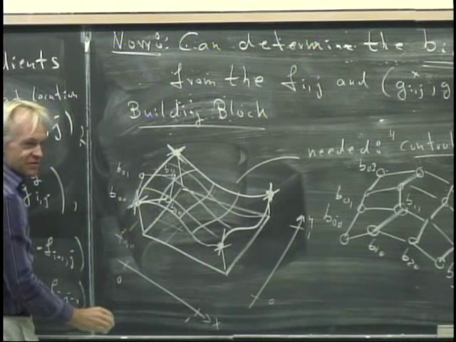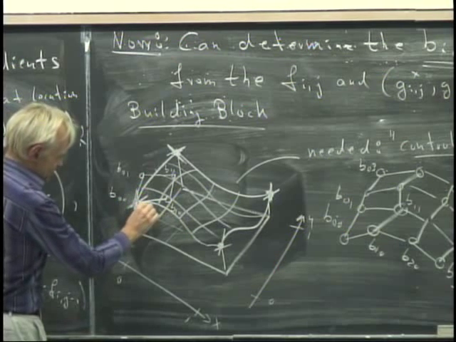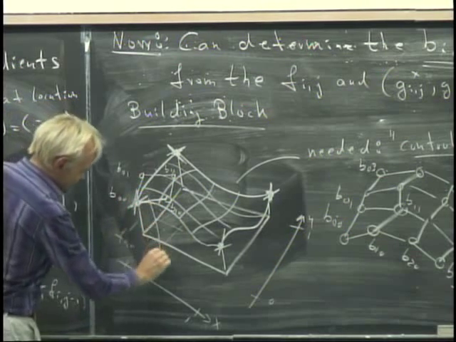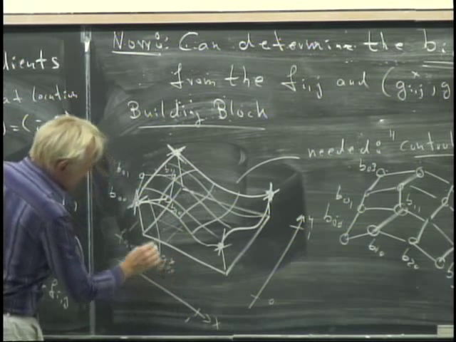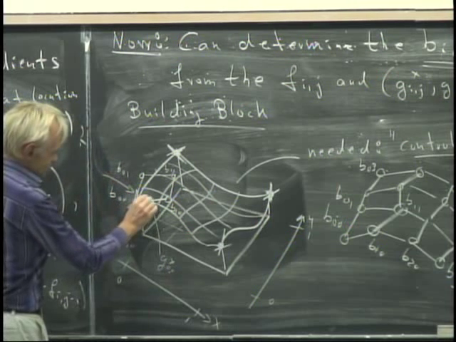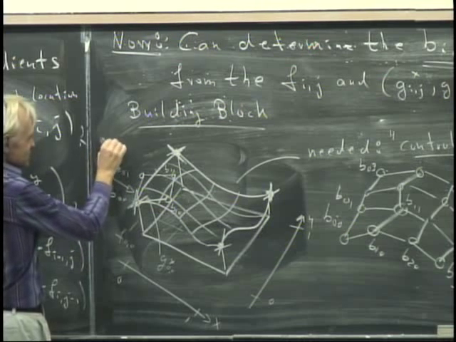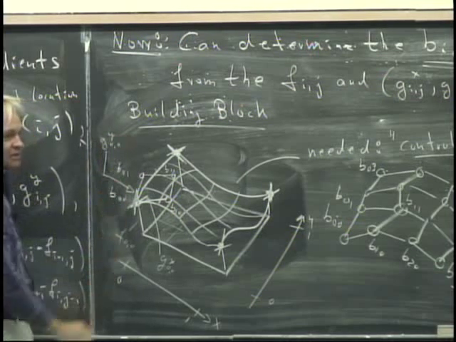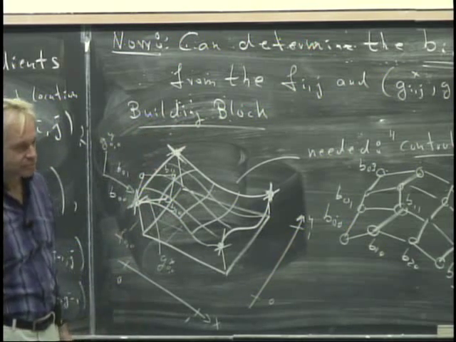Function value f00. And the slopes here stand for something. So this slope is the slope G00 in x. And this slope here, the other slope, was the slope G00 in y direction, right? One slope here, one slope there.